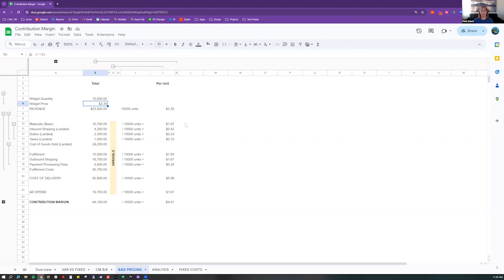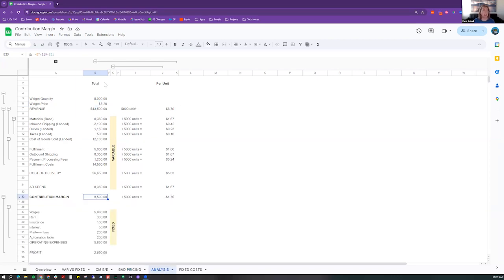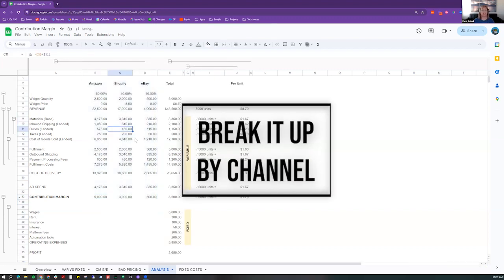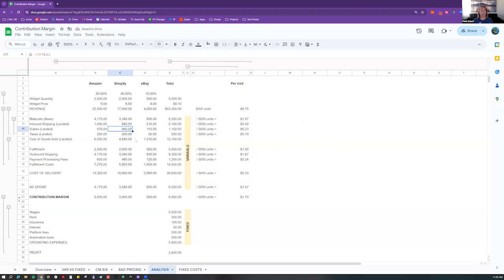Now, as we get more sophisticated, you can start doing things like this. You can take a look at not only the basic scenario, but you can break it up according to different channels you're selling on. If you're selling on Amazon, Shopify, eBay, or others, and you are analyzing the different costs and segregating, okay, I've got these costs associated with Amazon, these costs associated with Shopify, these costs associated with eBay, now suddenly you can find out which one has the highest contribution margin.